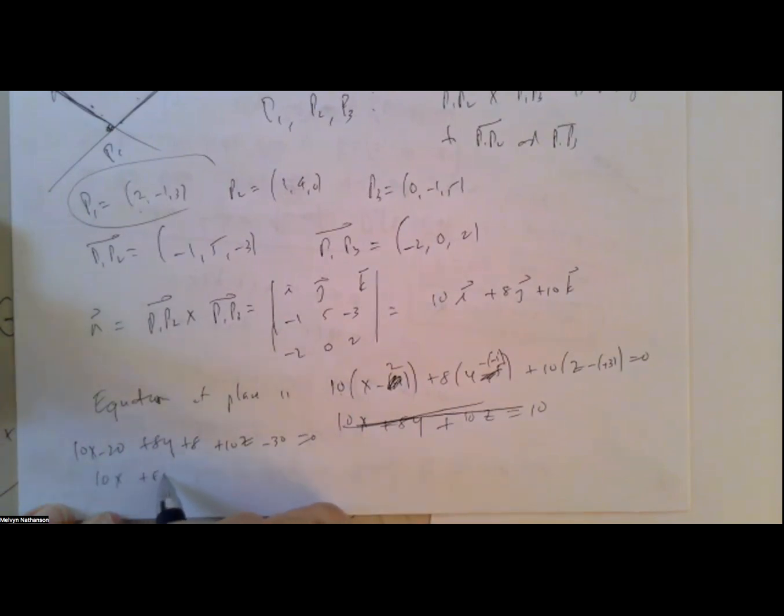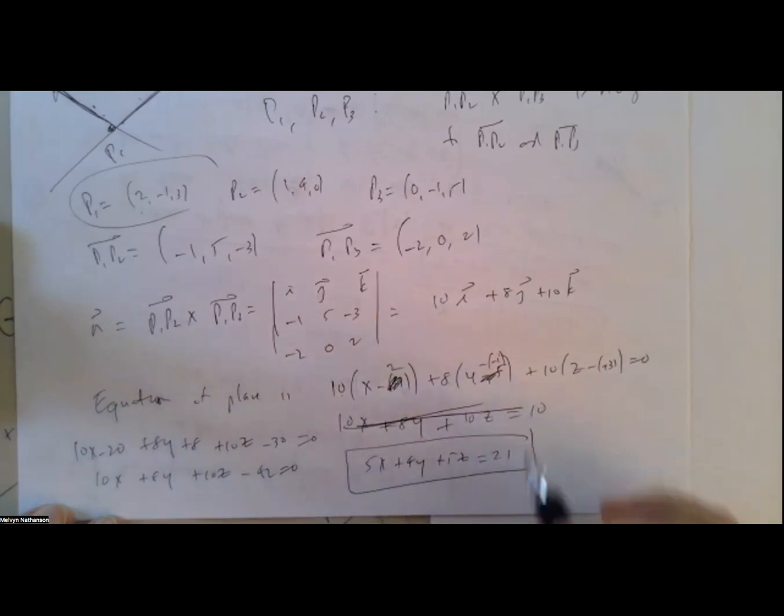So 10x plus 8y plus 10z, this is minus 50 plus 8, minus 42 equals 0. If I divide by 2, I get 5x plus 4y plus 5z minus 21 equals 0, or equals 21.